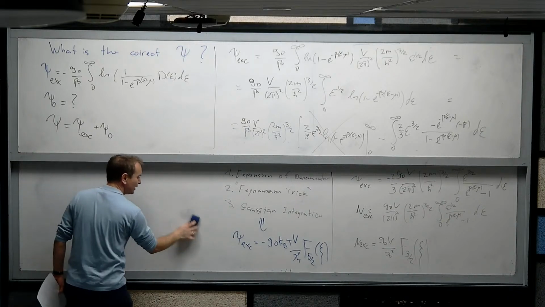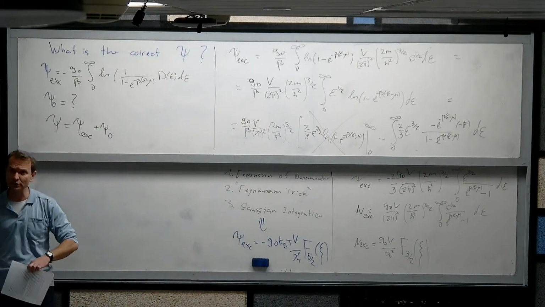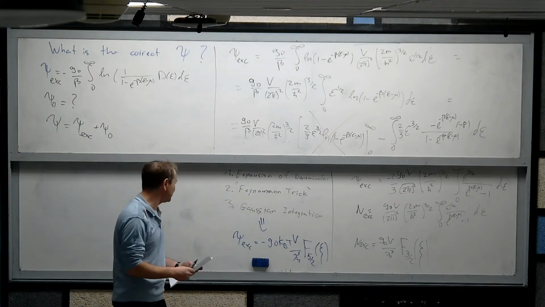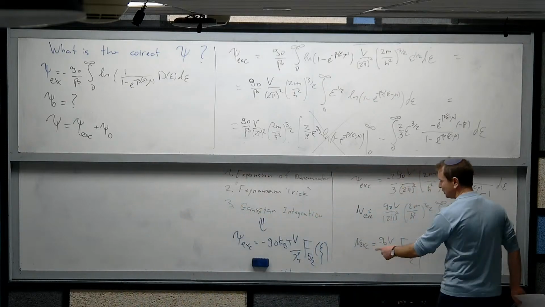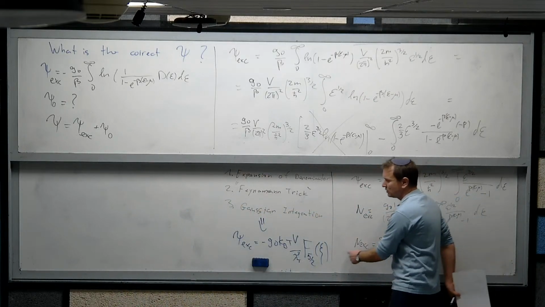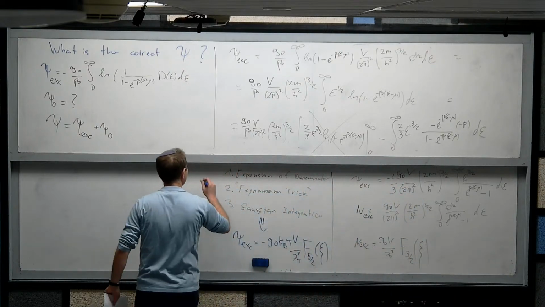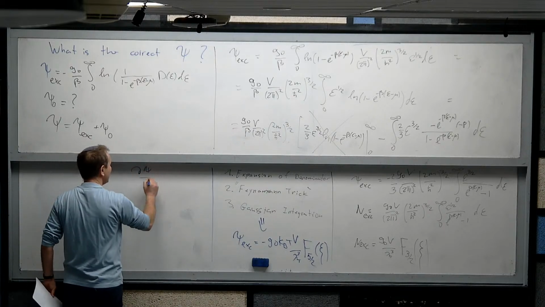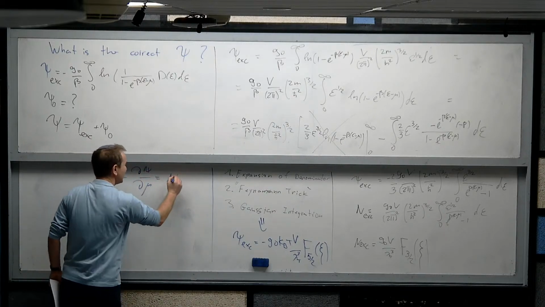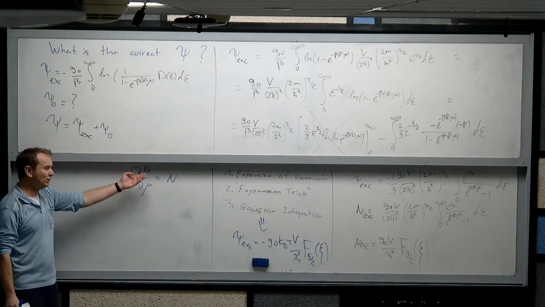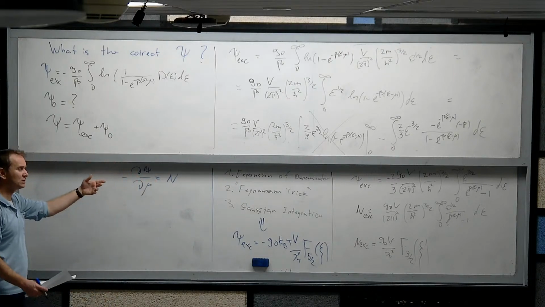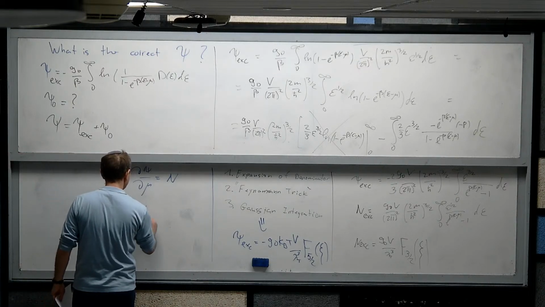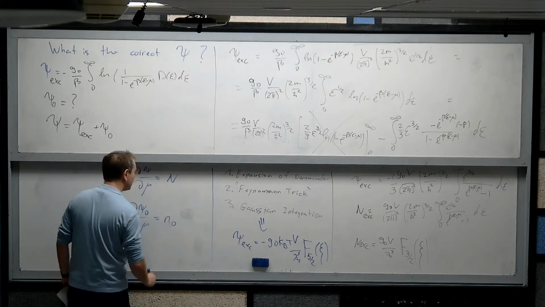What is the grand canonical potential for the ground state? Well, it's actually even easier, because we have a connection between the number of particles and the potential. Why? Because it has to satisfy minus d psi d mu equals n. So we can do this for the excited state, and we can do this also for the ground state. So minus d psi0 d mu equals n0.